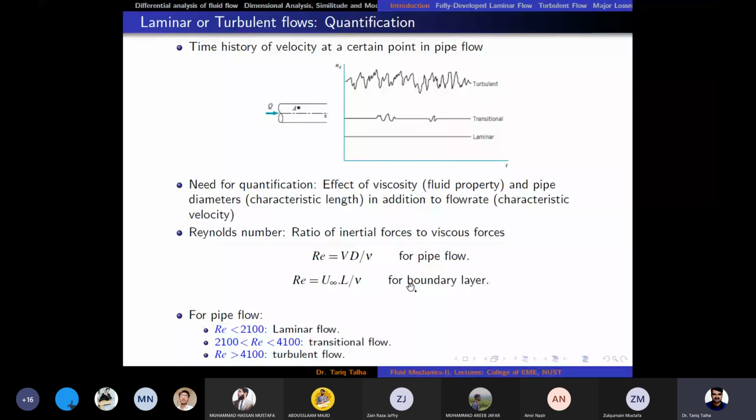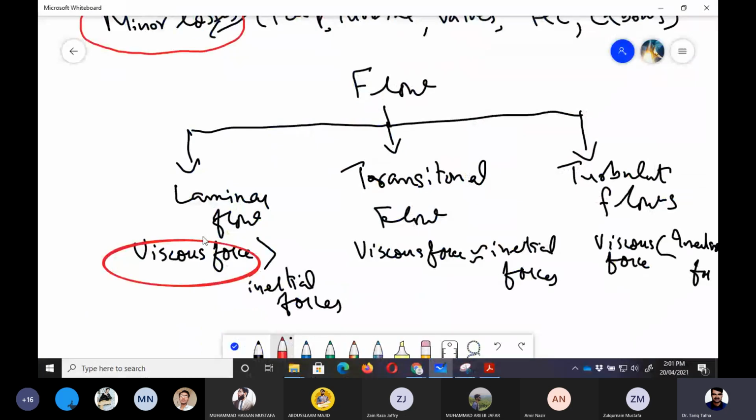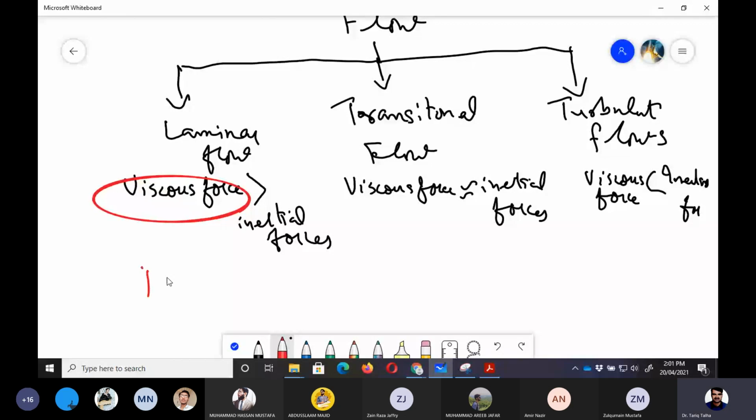When we talk about boundary layer flow, we will see in chapter number 9 that the critical Reynolds number, which was 2100 in this case, is different. What is critical Reynolds number? We usually denote it by Re_c, and we call it critical Reynolds number.